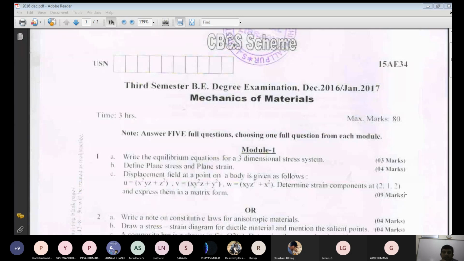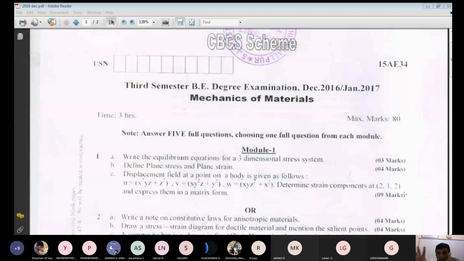Now tell me what type of problem it is, one-dimensional, two or three-dimensional? Three-dimensional, since there are three coordinates. Now how do you determine the strain components? Epsilon xx, epsilon yy, epsilon zz, gamma xy, gamma yz, gamma zx.